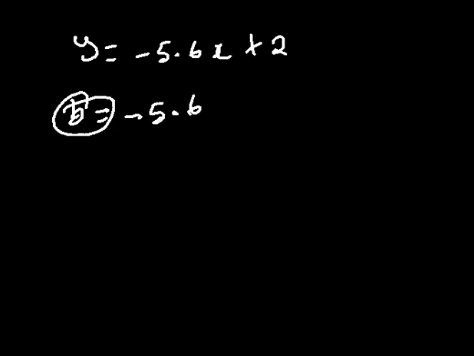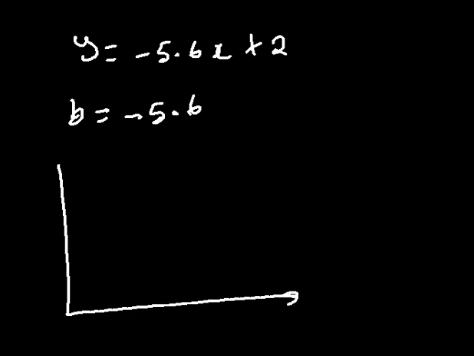Since b is the gradient, the graph of this regression line is somewhere like this. It means there is a negative relationship between x and y. So how can we come up with the sketch of the scatter plot for that case?